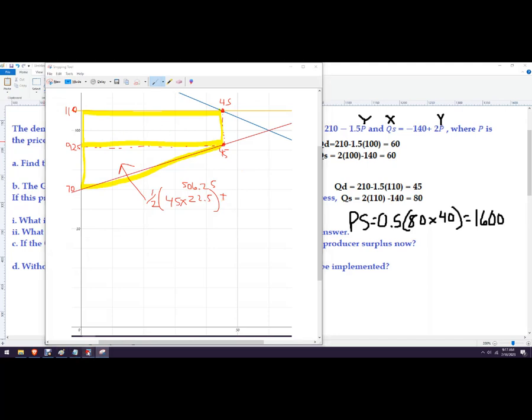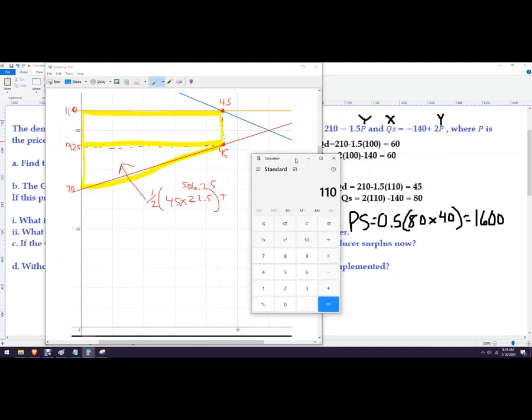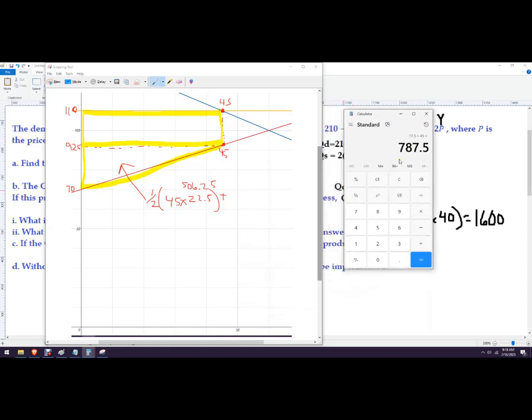So it's the difference between 110 and 92.5, so 17.5, that's the top part of this on 45 units. It's not a triangle this time, so you don't have to do anything 1/2. So that's 787.5, the area of this big rectangle here.